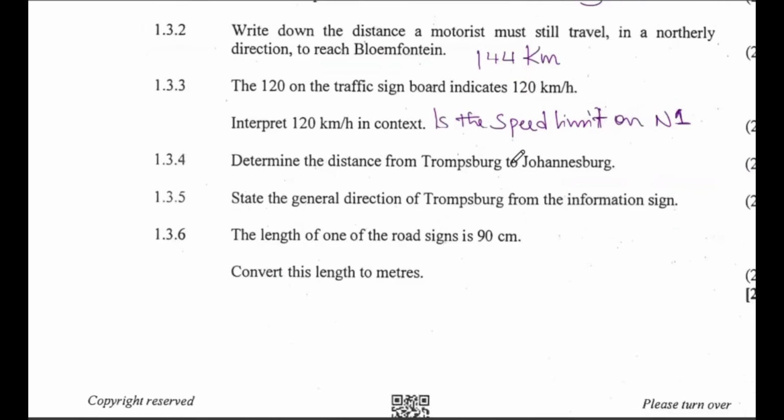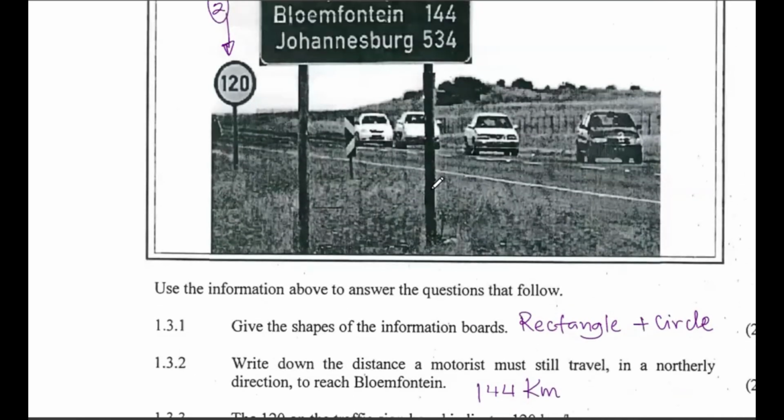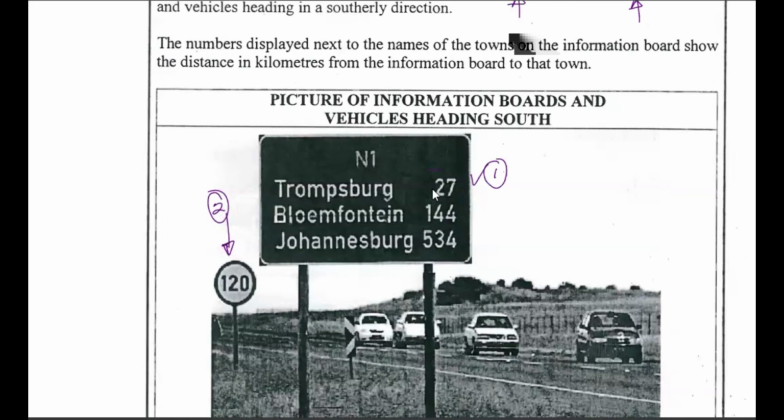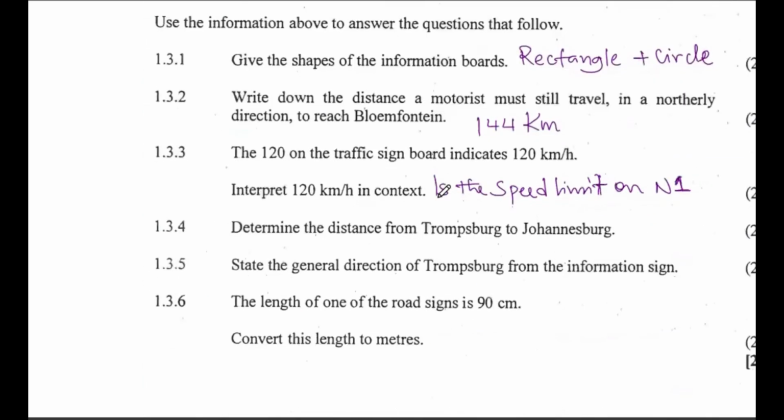Determine the distance from Tromsø to Johannesburg. So now, this means they are here in this town. They need to come to this other town here. We shall need to subtract, which is 534 minus 27.